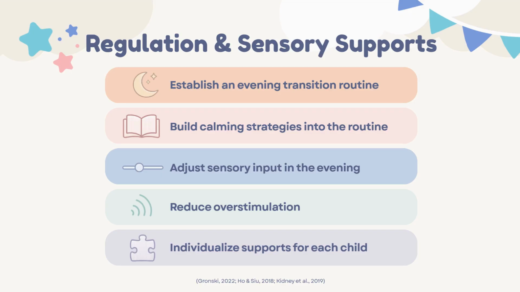We also consider the sensory environment in the evening. Lighting, noise, and activity level can all influence sleep readiness. When we reduce overstimulation, this can support the transition from alert to calm. And as with all occupational therapy supports, these approaches should be individualized and adjusted based on the child's response.